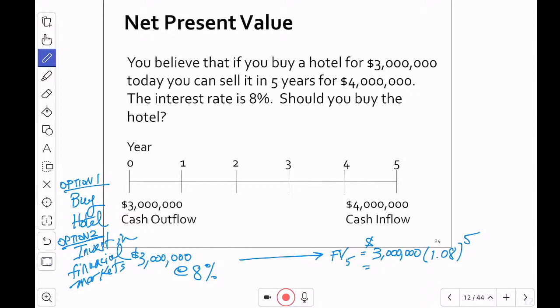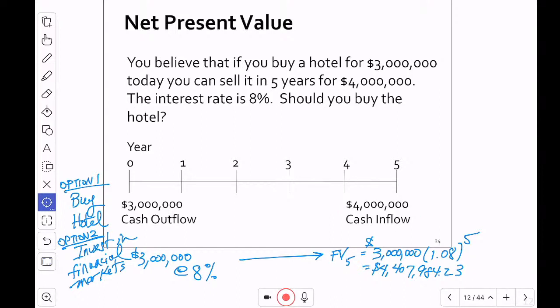So if you were to do it this way, so people have written comments, I'll look at those in a minute. If I invested in financial markets at 8%, I would have gotten this. So this is better than this one, right?